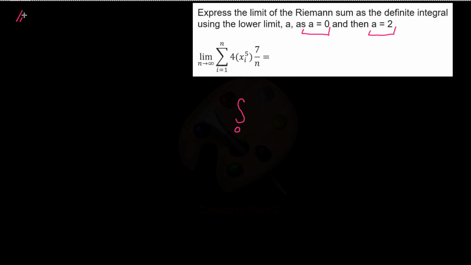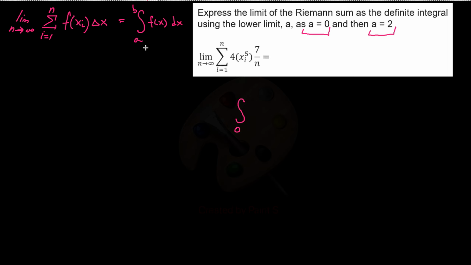We know that, in the general case, the limit as n goes to infinity of the sum as i goes from 1 to n of f of x sub i times delta x is equal to the integral from a to b of f of x dx.